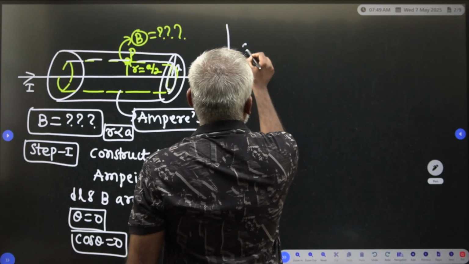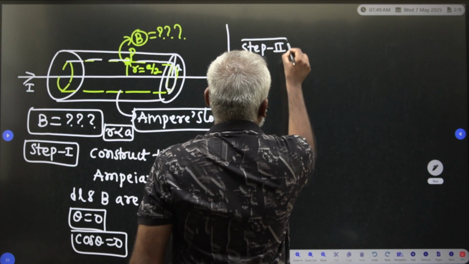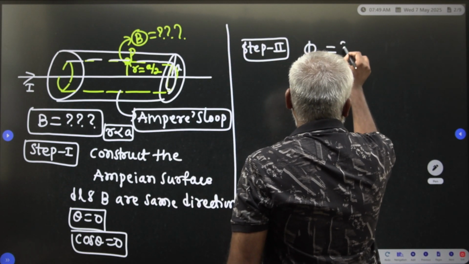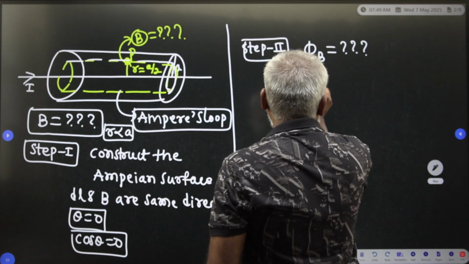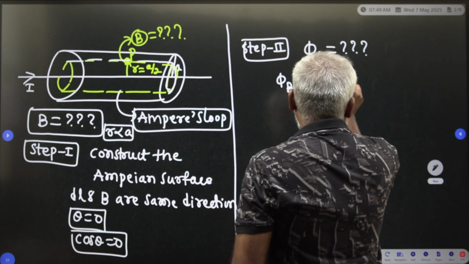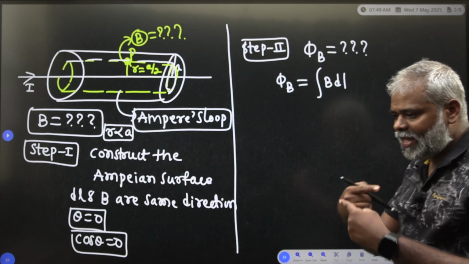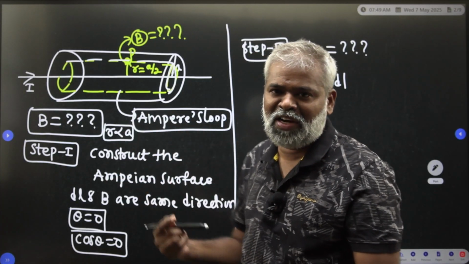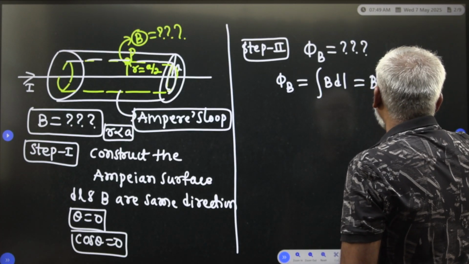Now step number 2. What is your step number 2? Find the magnetic flux. How do we calculate the magnetic flux? Magnetic flux is equal to integral B dot dl. Wherever you go on the Ampere's surface, at all the points the magnetic field is the same, so you take the magnetic field outside.